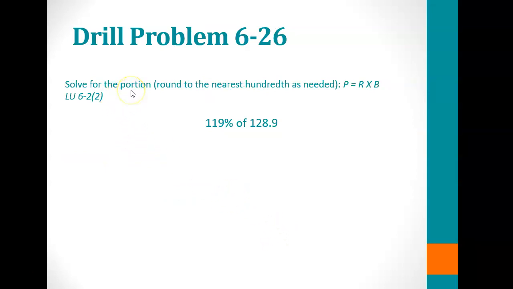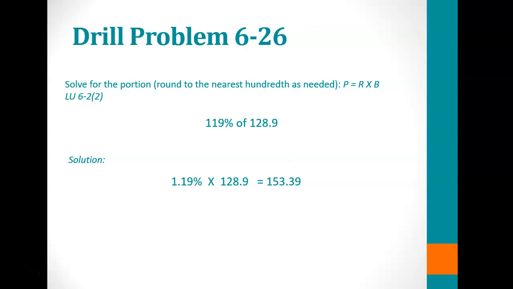Solve for the portion. We're saying, what is 119% of 128.9? Again, what is 119% of 128.9? Remember, your formula for portion is the rate times the base.